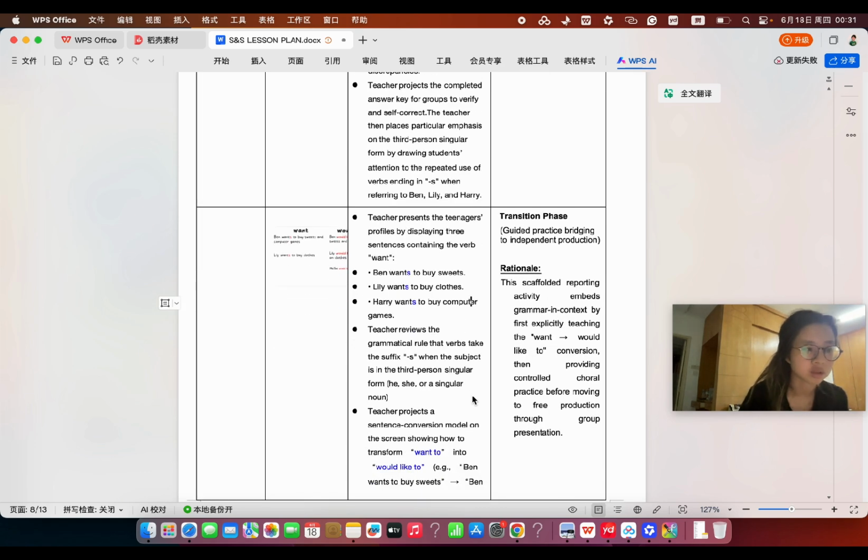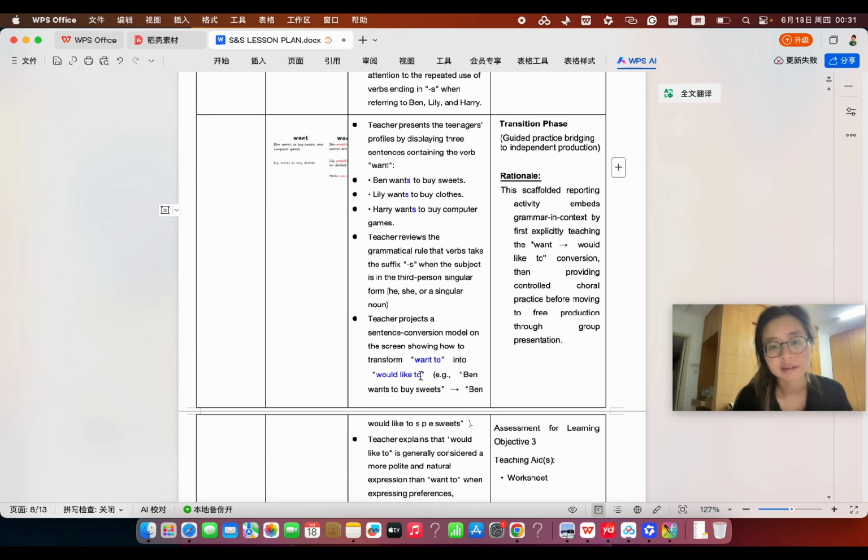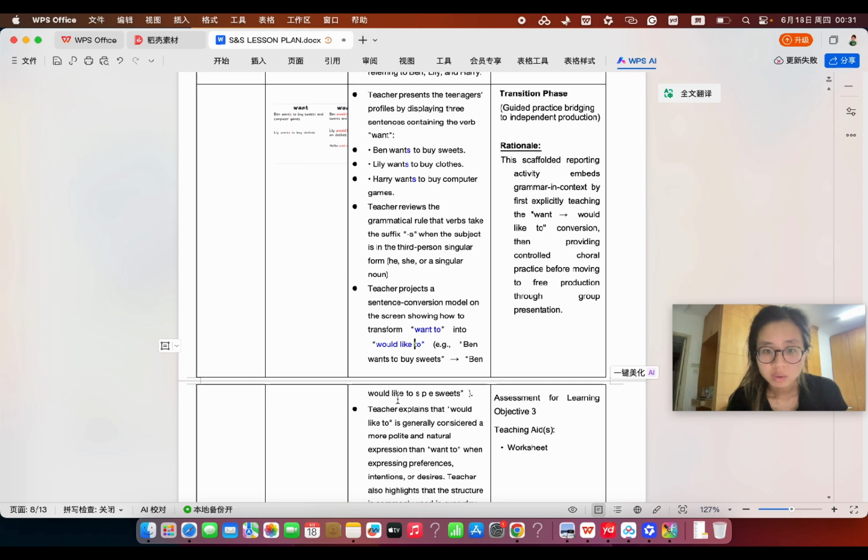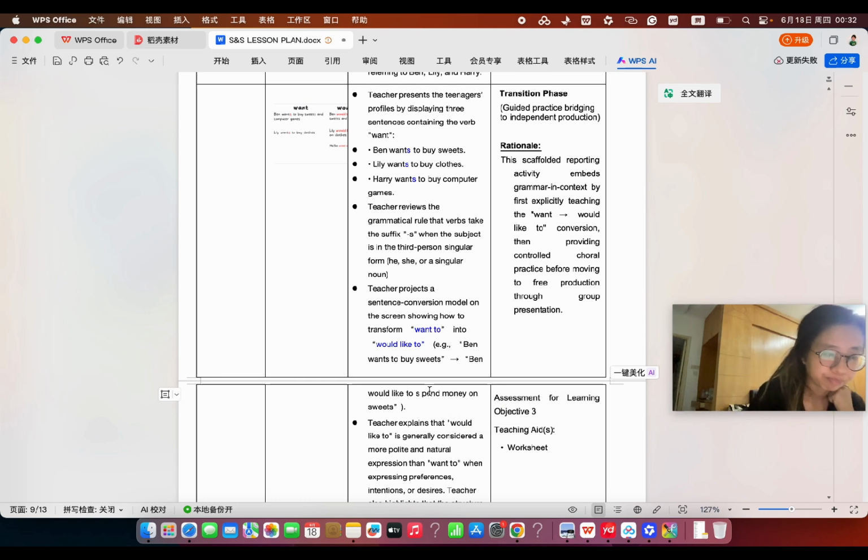Next, the teacher introduces the target structure would like to. So they should learn how to transition "Ben wants to buy sweets" into "Ben would like to spend money on sweets."